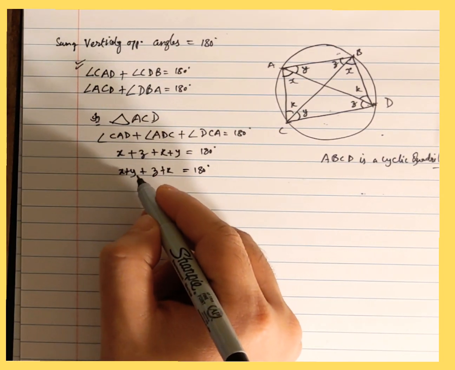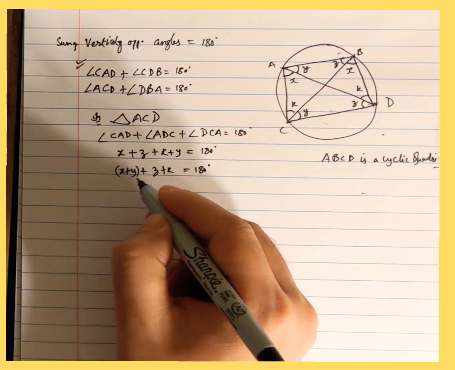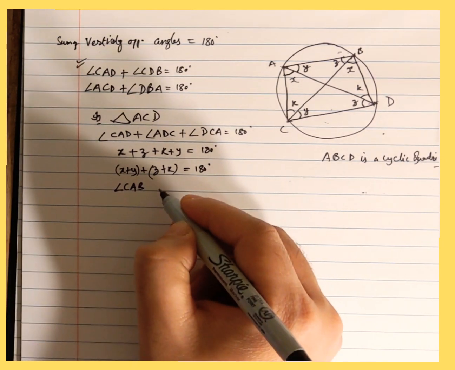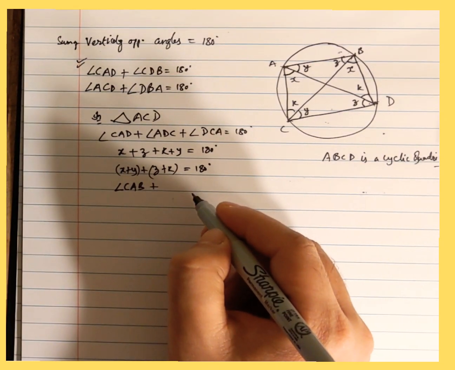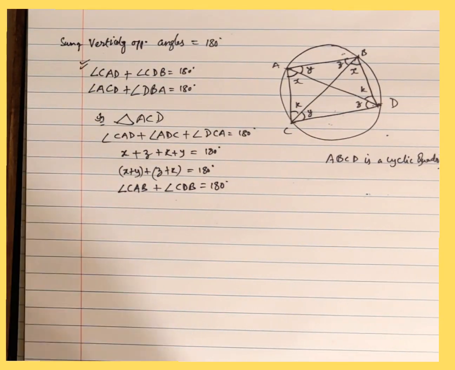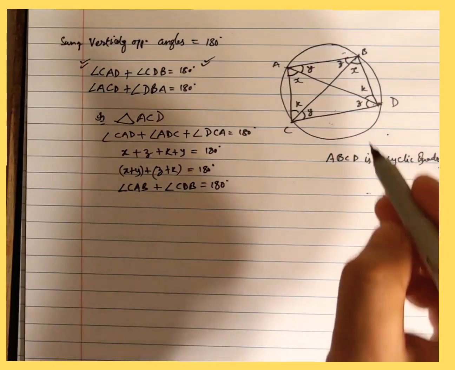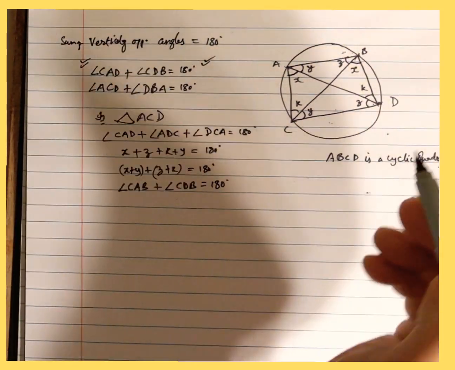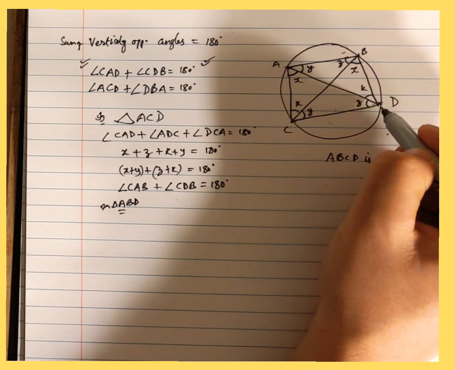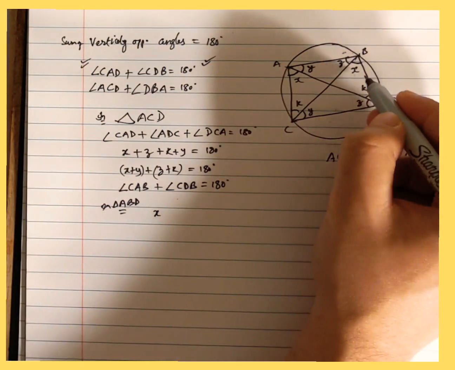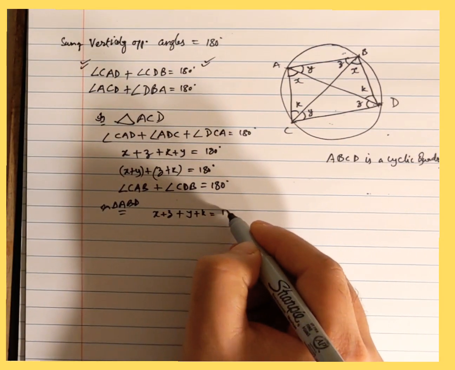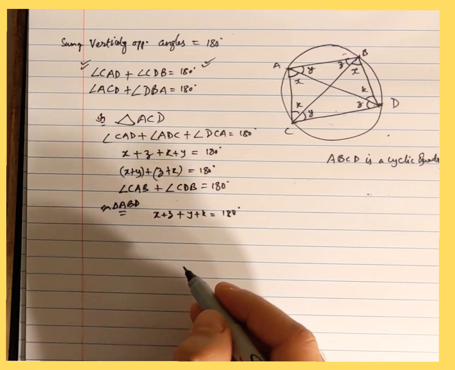So what is X plus Y? X plus Y is angle CAB, right? And Z plus K is angle CDB, and that is equal to 180 degrees. So this is proved. Same way, in triangle ABD, the sum of all the angles, X plus Z plus Y plus K, is 180 degrees.